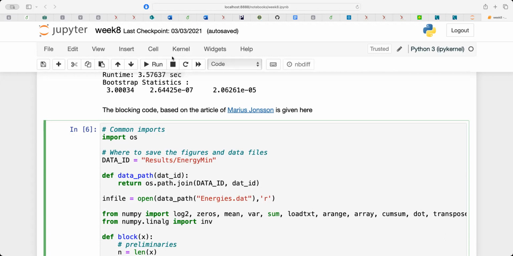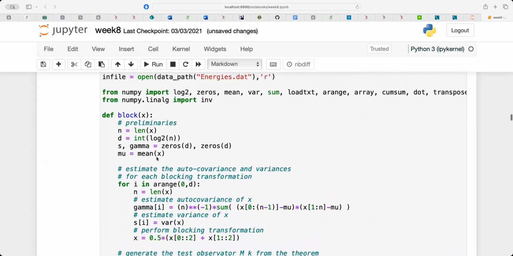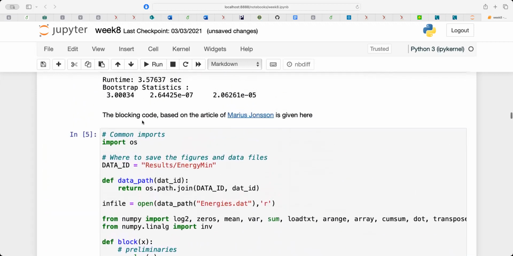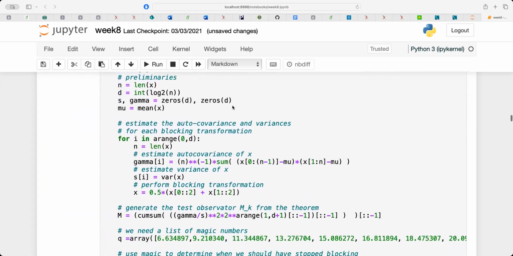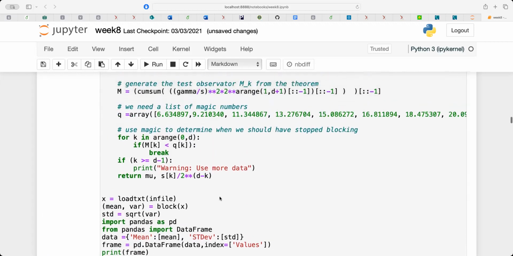Now, if we run the blocking method, what you will see is that you obviously have the same mean. So the two results should give you the same mean. But you see that the standard deviation now is a little bit bigger. In this case you would have roughly 6.3 times 10 to the minus 5.